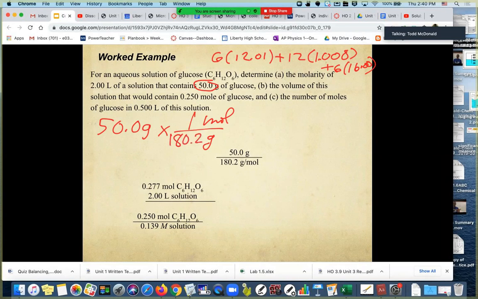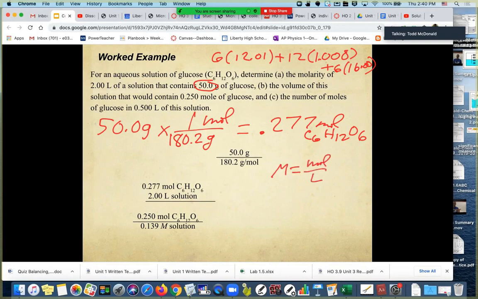If I do that, then I can convert my 50 grams: 50 divided by 180.2 gives me 0.277 moles of glucose, C6H12O6. And if I know my volume is 2 liters, then to calculate molarity, I go moles over liters.